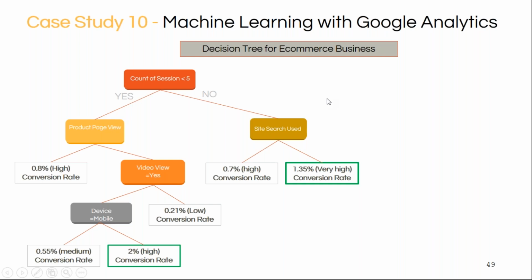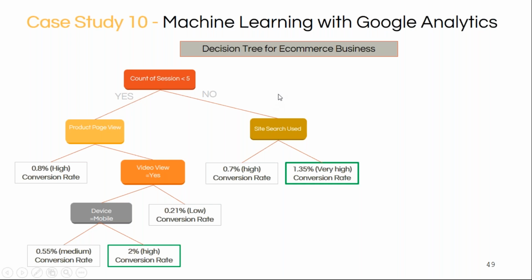If you see the first section, you can see count of session less than 5. Here we divide customers based on their number of visits to the website. If they have less than 5 visits, they go to the left side branch, and if they visited more than 5 times, they go to the right side branch.